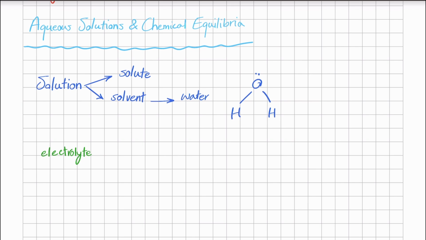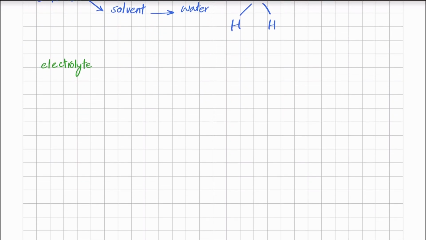Okay, now let's have a clearer understanding by looking at these examples. For example, sodium chloride, which is a white solid.